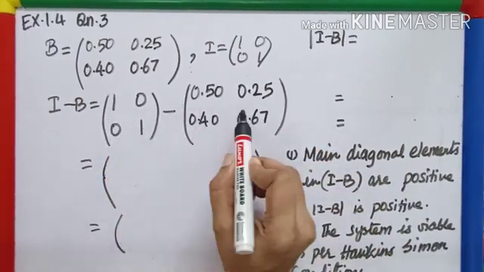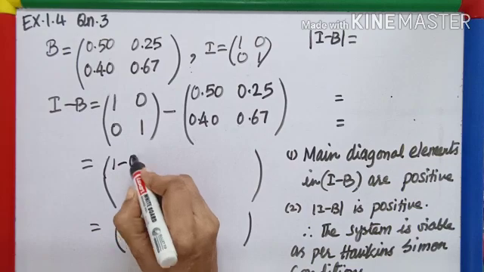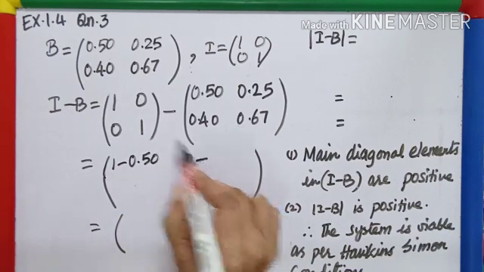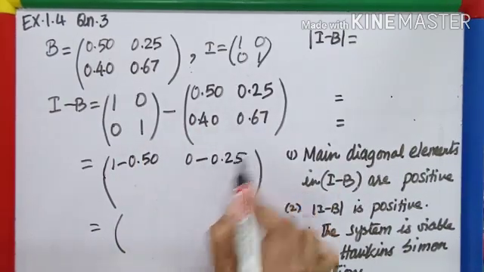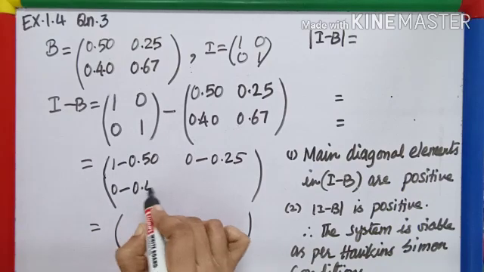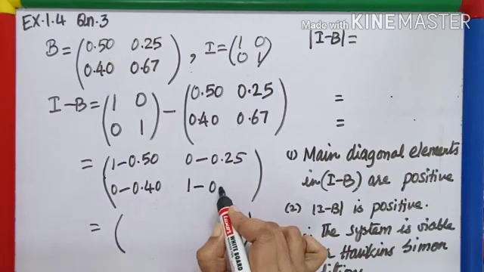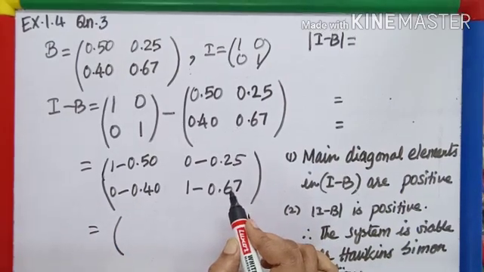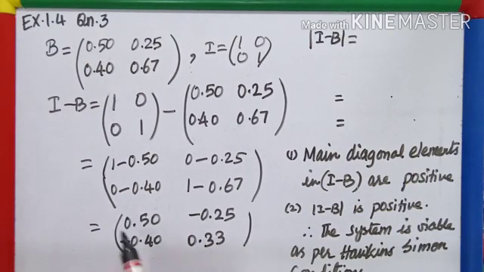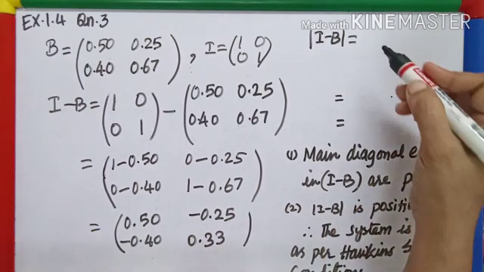Subtract the corresponding elements. 1 minus 0.50, 0 minus 0.25, 0 minus 0.40, 1 minus 0.67. So we find out the answer and the main diagonal elements are positive. Therefore, proceed on to the second condition.